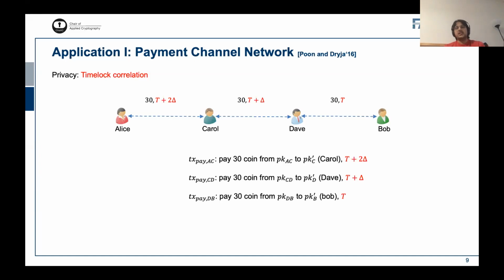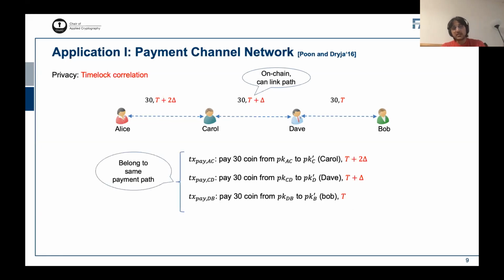So if these payments TX pay AC, pay CD, and pay DB all go through, you can see that the transactions have these correlatable time lock expiry times, and an on-chain observer can make an intelligent guess about this time lock correlation and figure out that these transactions actually belong to the same path.